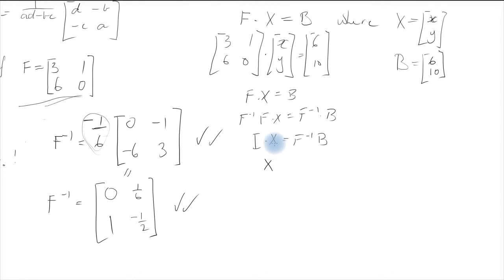So we've just got X equals F minus 1, B. So now to find our answer, all we need to do is the inverse of F times B. So here's our inverse of F down here. So X will equal our inverse of F, 0, 6, 1, minus a half, multiplied by our matrix B, which of course is 6, 10.